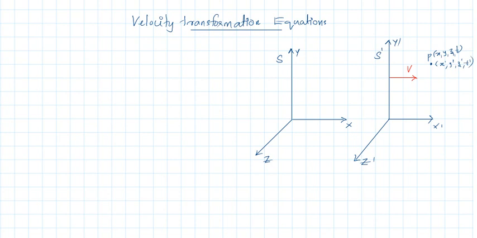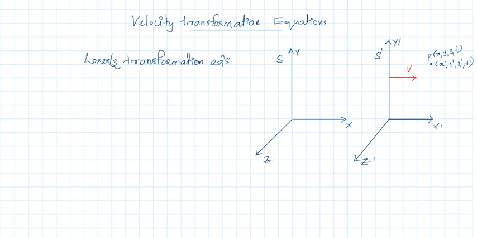These two sets of coordinates can be related by a transformation known as Lorentz transformation. And we already derived that transformation. So Lorentz transformation equations connect the coordinates of a point in two frames which are in relative motion.